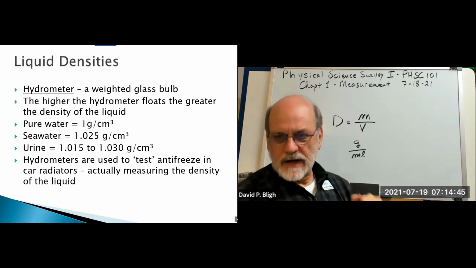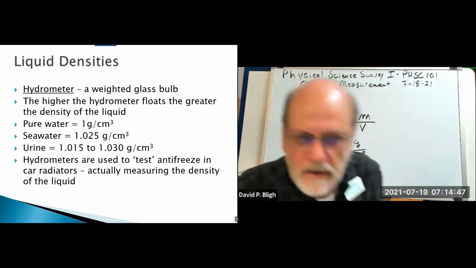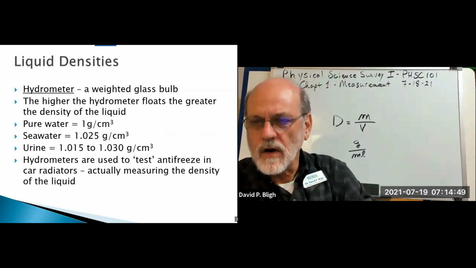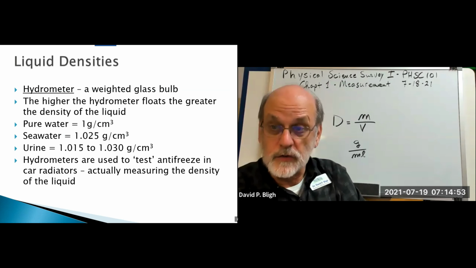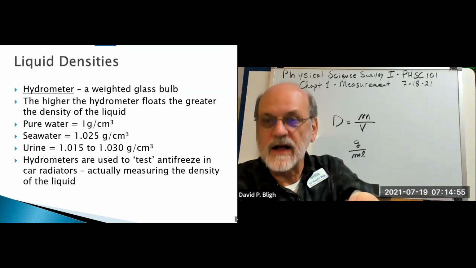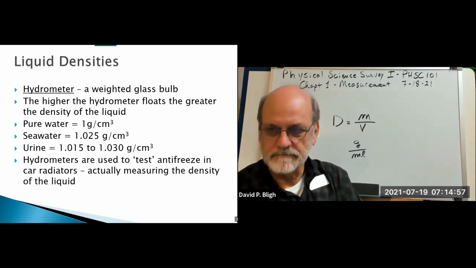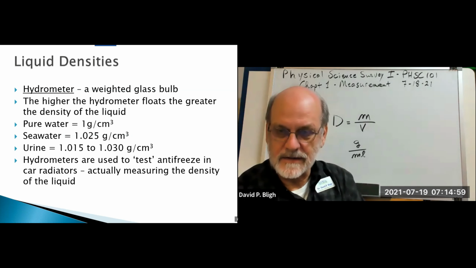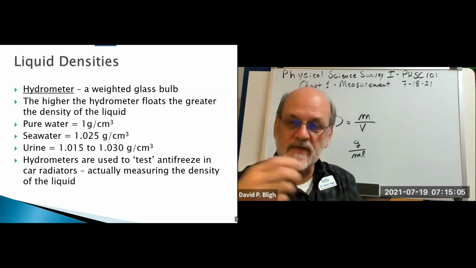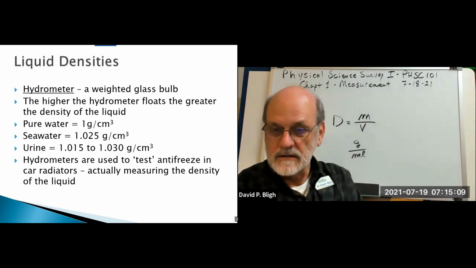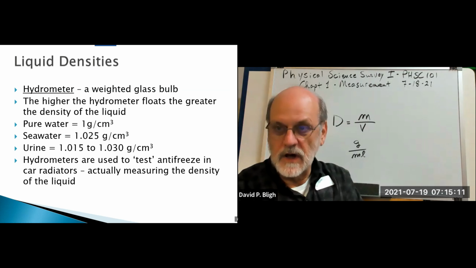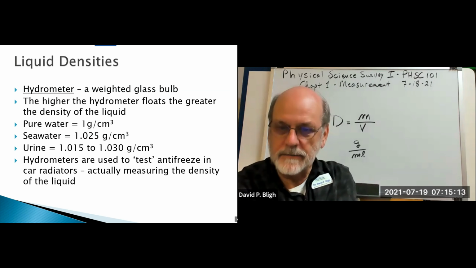When I was growing up, batteries in our cars had a tendency to, over time, lose the water, lose volume inside the battery. One way to test the condition of your battery was to draw out some of that liquid into a device, and it would give you the density of the fluid inside the battery.